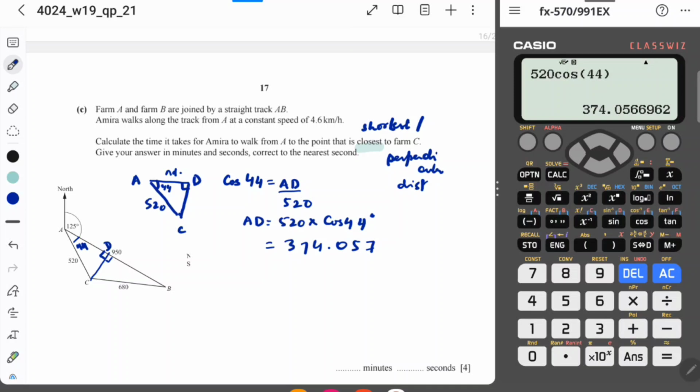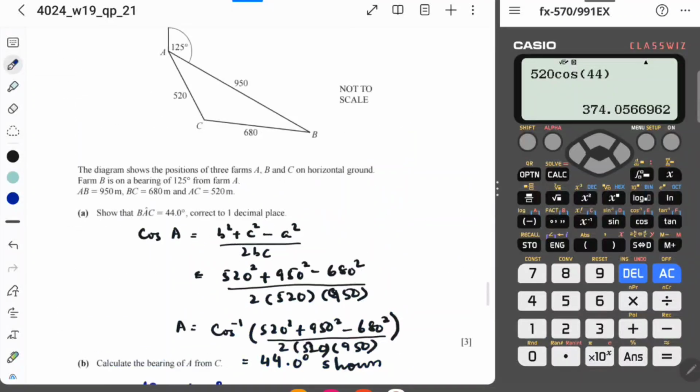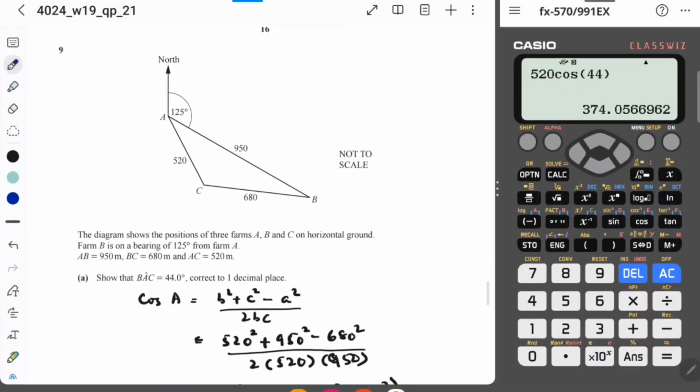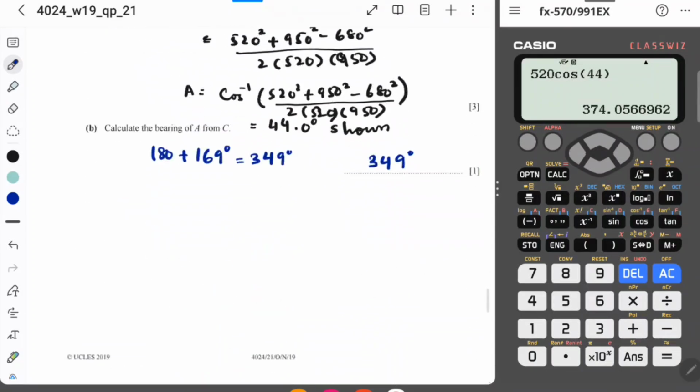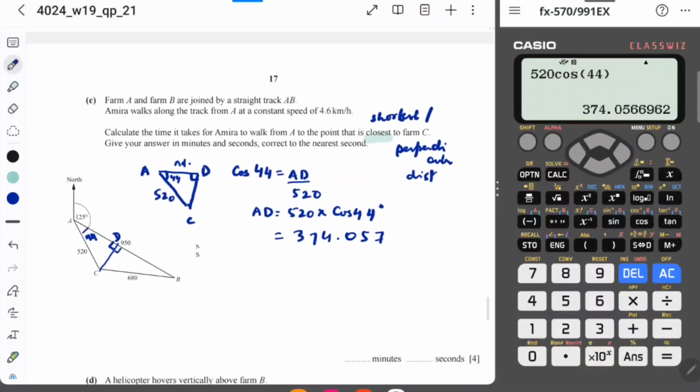And you know that all the measurements are given. 520 is in meters, I think. Yes, this is 520 meters. These measurements are in meters, so 374.057 is in meters.